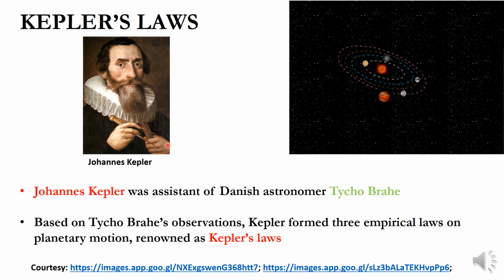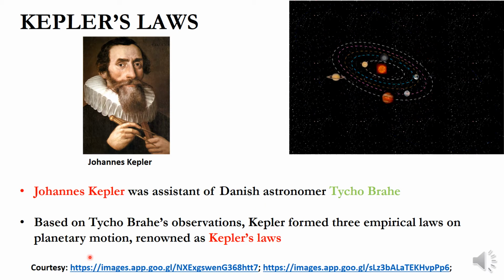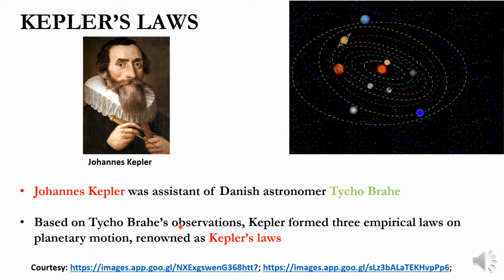It was developed by Johannes Kepler. He was assistant of Danish astronomer Tycho Brahe. Based on Tycho Brahe's observations, Kepler formed three empirical laws on planetary motion. It is known as Kepler's laws.